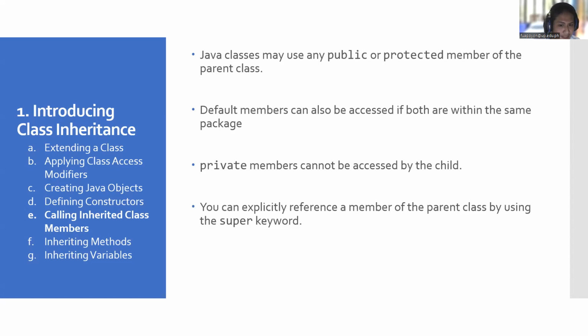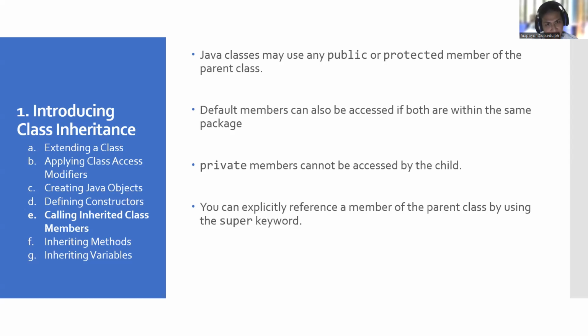You can explicitly reference a member of the parent class by using the super keyword. Now, take note, the super keyword here does not have the parentheses. That means that this is like a pointer to your superclass, similar to your this. If you have this followed by parentheses, that means it is a constructor. In your super, if it's followed by parentheses, it means it is a constructor of the parent class.